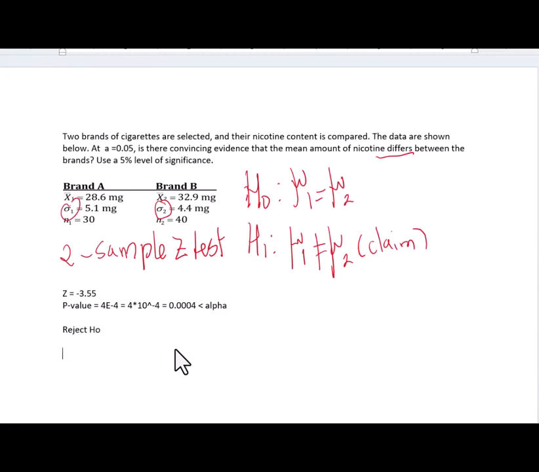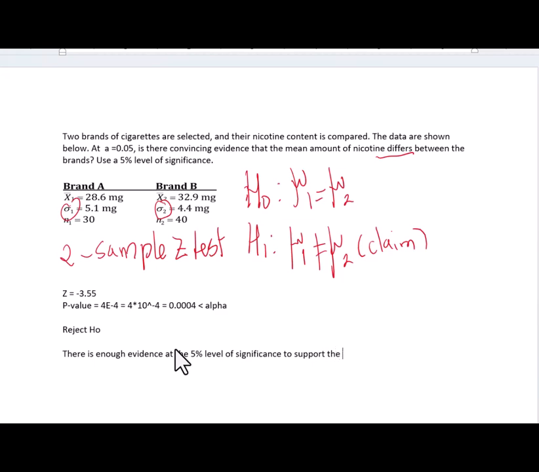And if we reject H0, what's the conclusion? We support the claim. There is enough evidence at the 5% level of significance to support or to conclude. He says, can it be concluded? Or is there convincing evidence?